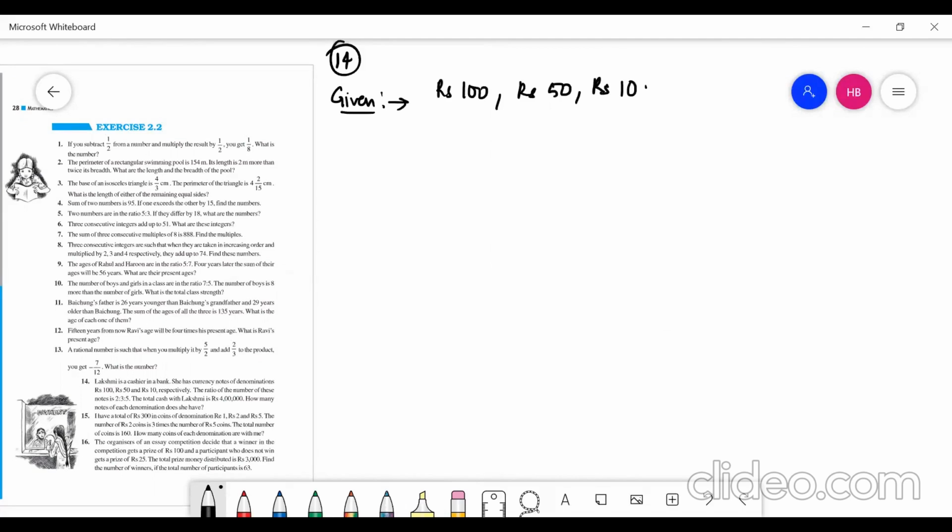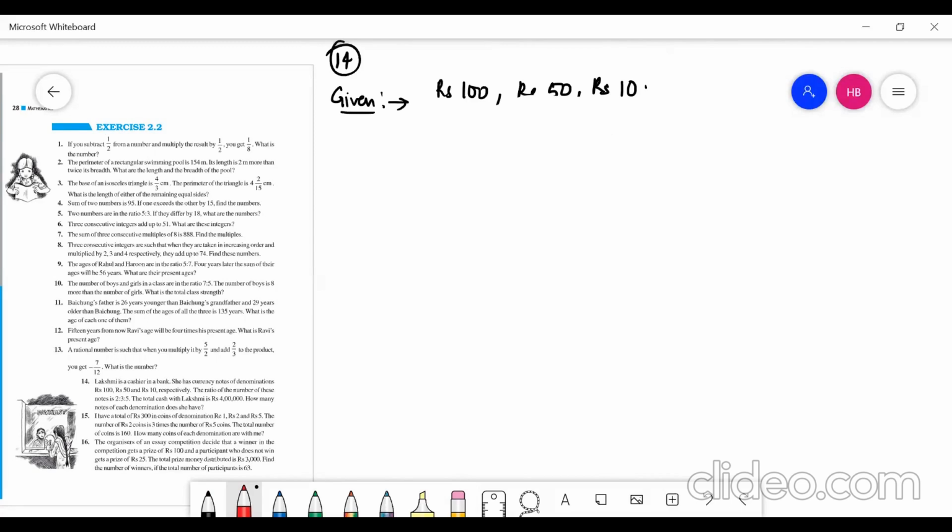The ratio of the number of these notes. So guys, please read this question carefully. What they are saying is the ratio of the number of these notes. Because she is a cashier, she has notes of rupees 100, rupees 50 and rupees 10.